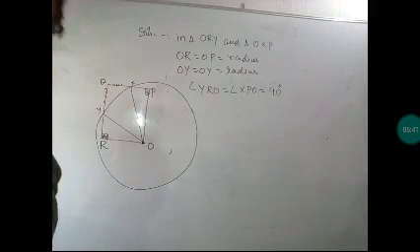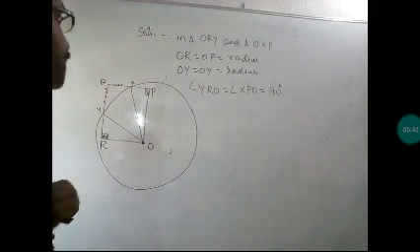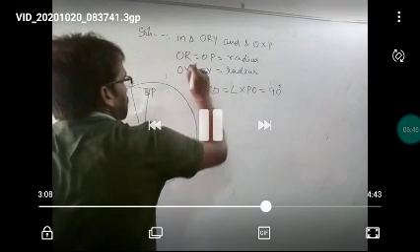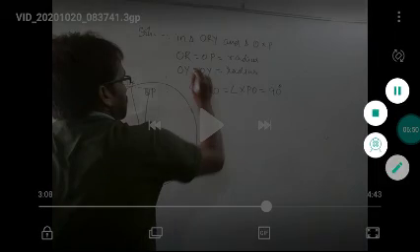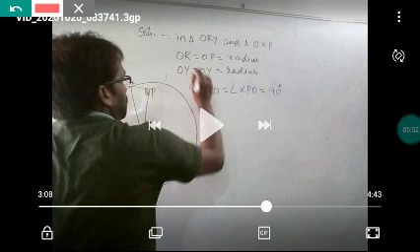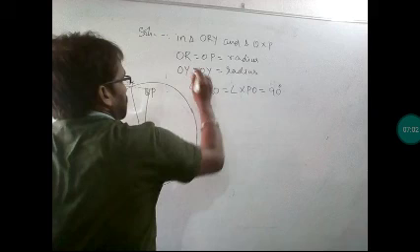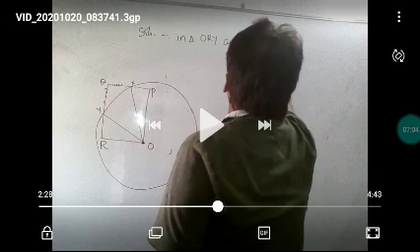Angle YRO. See, one thing here you can correct. By mistake I have written here, so one correction we can do. This OR and OP is not the radius. What is it then?